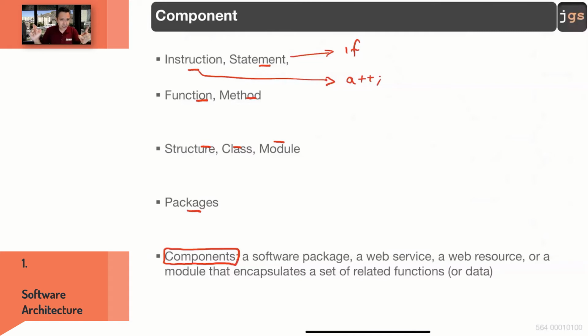The instruction is the last element if you think about a hierarchy. If you think about a tree, the last level are the instructions, but instructions can be inside of statements, right?